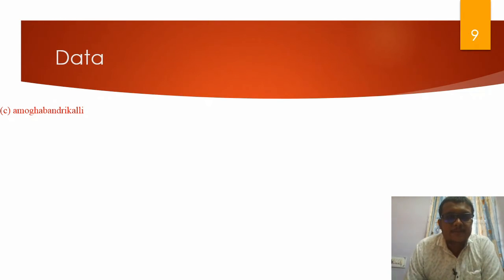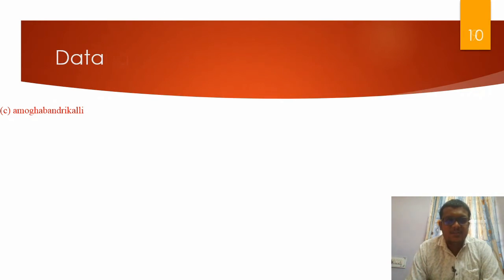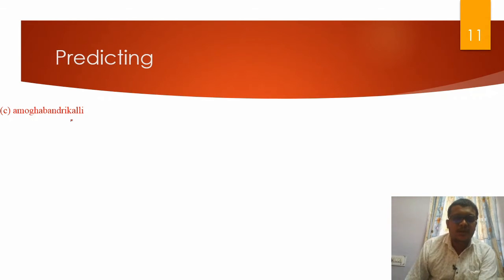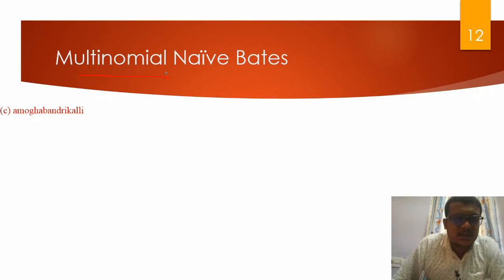Okay, we have just seen what Gaussian Naive Bayes is, how to generate our data, and how to train. Training is done using a command called fit. Then we predicted using model.predict. Now we are seeing the multinomial Naive Bayes.